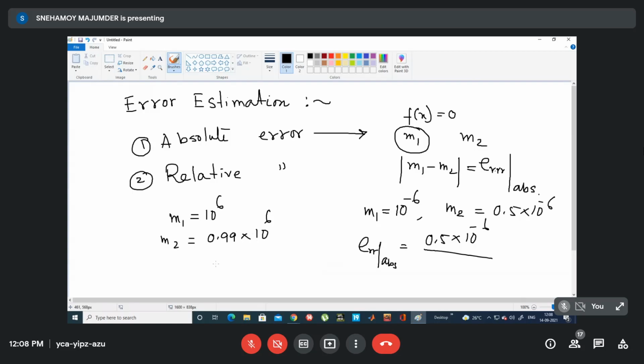So my difference is 0.01 into 10 to the power 6. That is the absolute value. Now it appears that it is very big, but if you go to the relative error analysis, you will find that it is not. So what is the relative analysis?